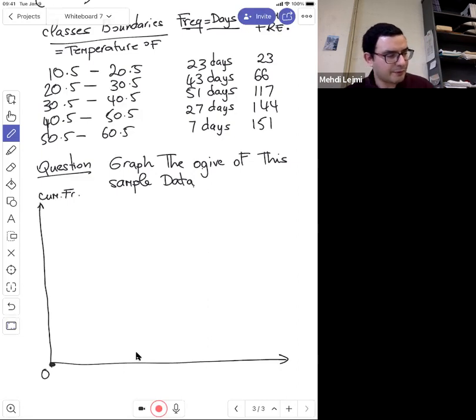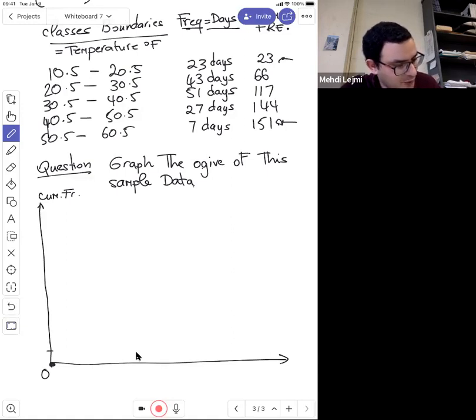I want to put my cumulative frequencies, but as you can see, it starts at 23, right? And then the highest number is 151. So you need to put 151 on your cumulative frequency axis, right? So you can just decide to use, let's say, 20, for example.